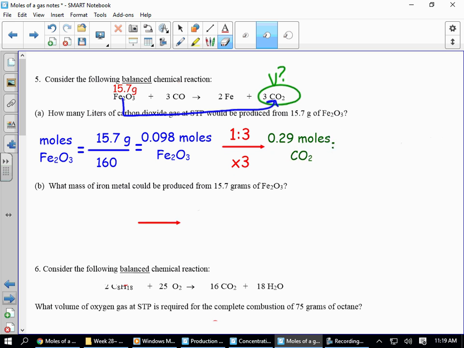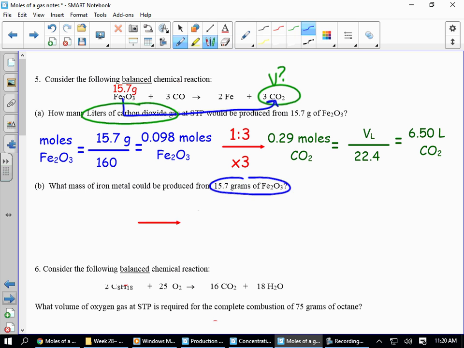Now the question though asks me how many liters of carbon dioxide gas would be made. So I'm going to do this as equal to x over 22.4, multiply both sides by 22.4, and you're looking at 6.5. What is the unit going to be for that? Good, liters of CO2.